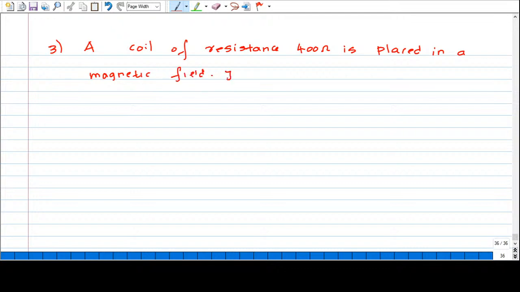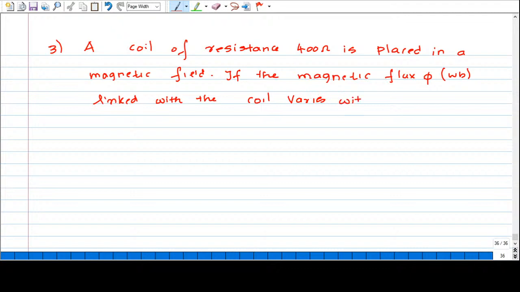If the magnetic flux phi, which is given in Weber, linked with the coil varies with time t second as phi is equal to 50 t square plus 4.